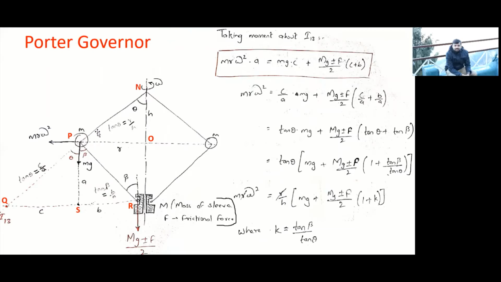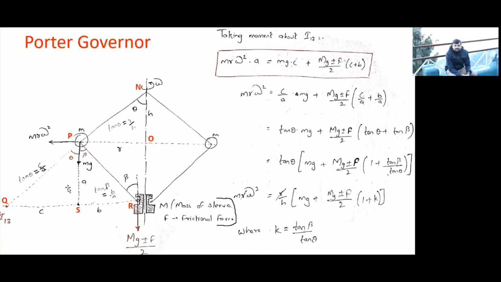Now, in this method of derivation, we are using the instantaneous center method. So we have found out the instantaneous center of this link PR, and it comes out at I13, that is at point Q. Okay. So we will be taking moments about this point Q, that is the instantaneous center of this lower arm.